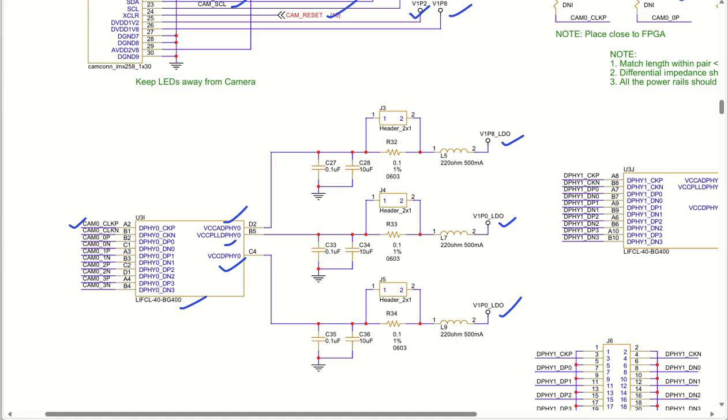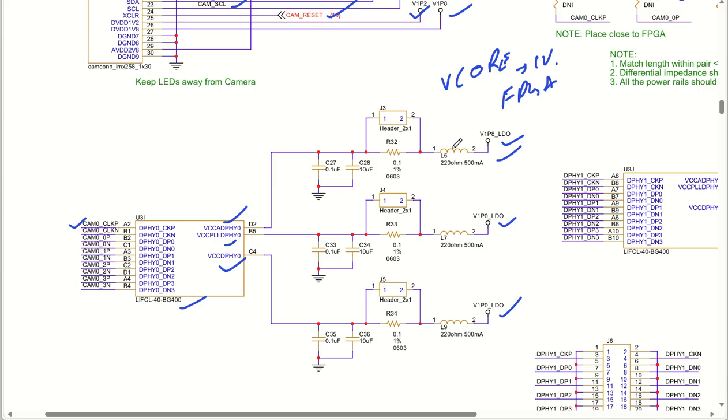They have already generated a V core voltage of 1 volt to supply the FPGA power supply, but they are not using that one, because it might interfere with this particular block. That's the reason they have generated separate voltage levels for this camera module.